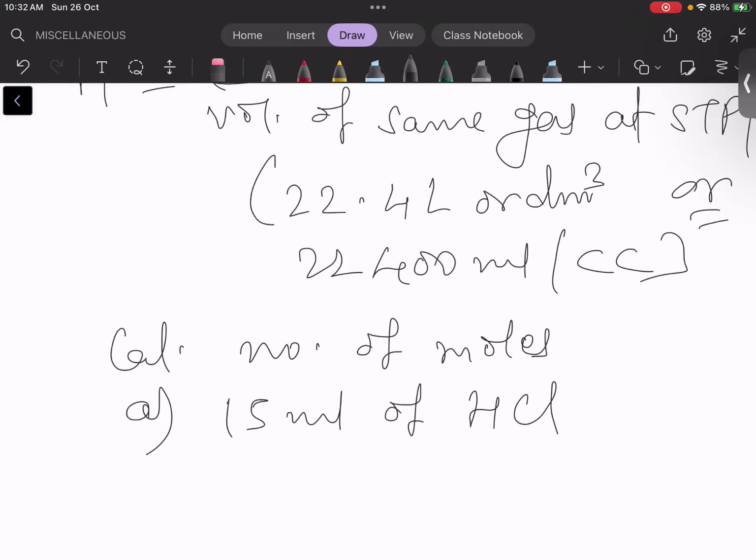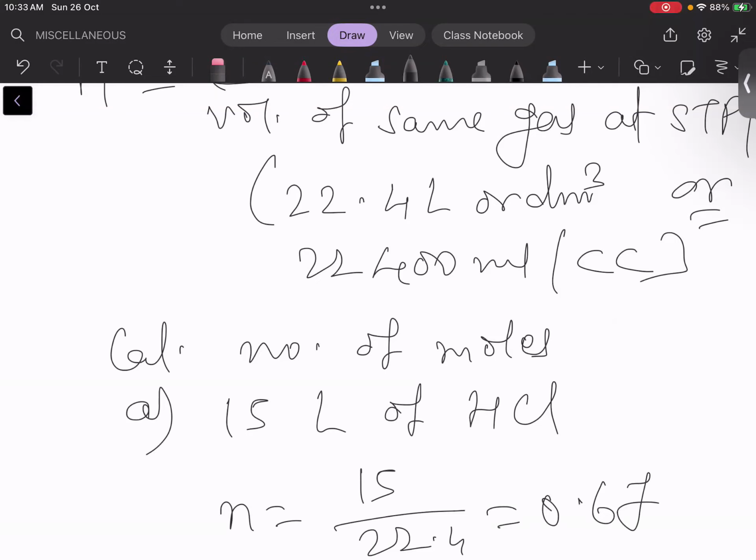Okay, for calculation purpose it will be heavy, so I'll do 15 liter of HCl. ठीक है. It's 0.67. Very good. So n is equal to 15 divided by 22.4, nothing but 0.67.